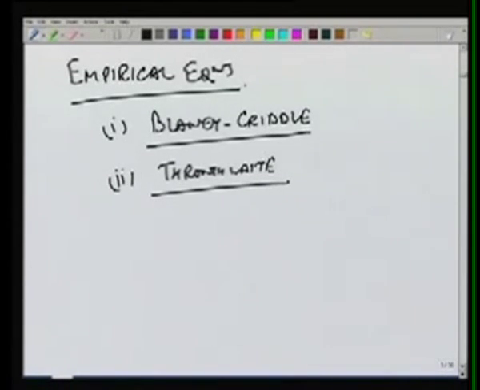Now in the Blaney-Criddle equation we have an equation which relates the evapotranspiration. This 2.54 factor comes because the original equation is in FPS units, and there are two terms K and F on which this evapotranspiration depends.